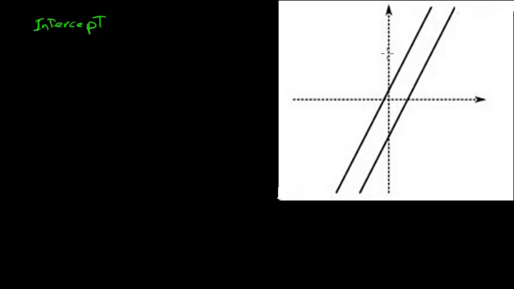It is conventional to specify the point where the line crosses the y-axis; this is called the y-intercept, which is denoted by b. So we have line A, and here is the intercept for line A. Line B crosses the y-axis at this point.